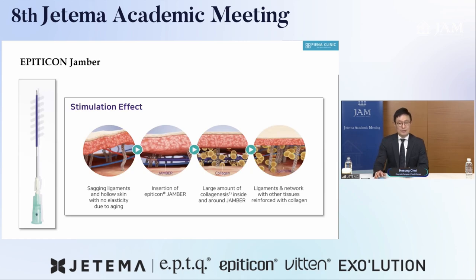Eventually, these collagen columns form a scaffold supporting the skin tissue and tightening the skin through dermal remodeling. So it is commonly called a solid filler. Usually, I like to put this product in the infraorbital hollow, especially when skin laxity is combined. And where the filler does not work well, you can think about using this Epiticon Chamber.